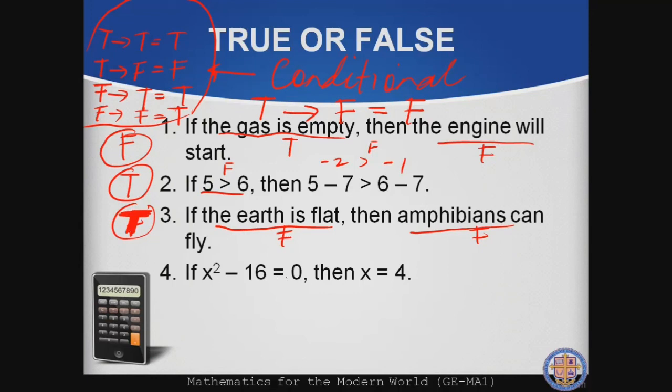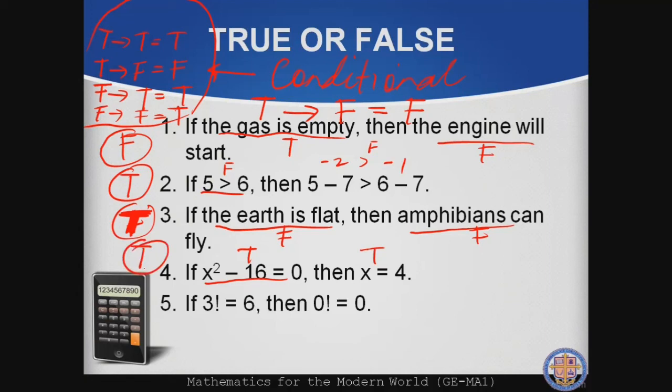So, this is an equation. Automatically, an equation is always true, followed by x equals 4. This is also true. If I substitute 4 here in x, then it will become equal to 0. Tama ba? 4 squared is equal to 16 minus 16 equals 0. So, parehas naman tama. Tama yung value ni x. So, true, true, true.